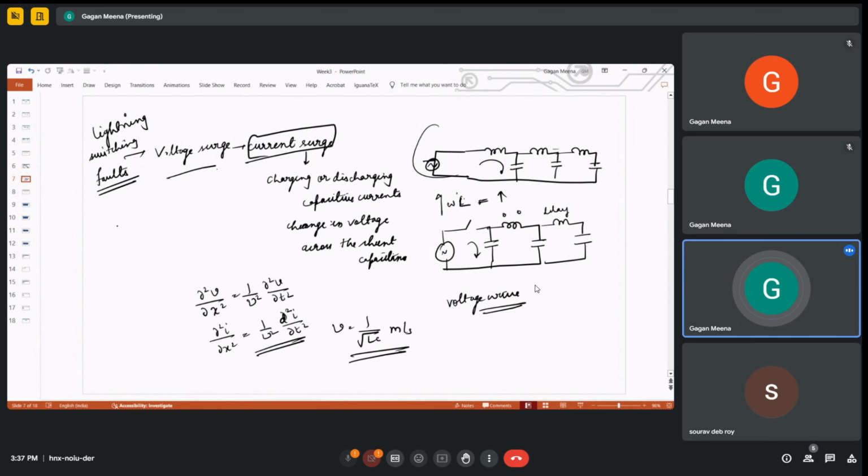And the solution comes out in the form of a composition or superposition of two things: first a forward wave, and another a reverse or backward wave, backward voltage and current.